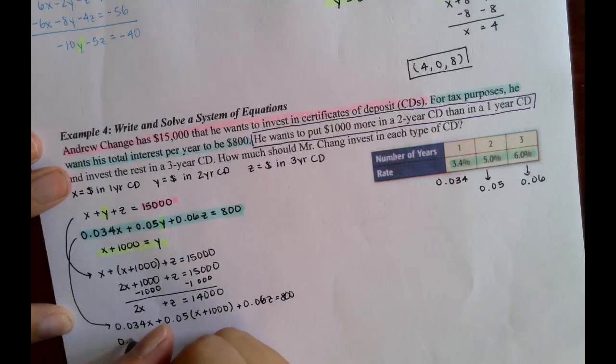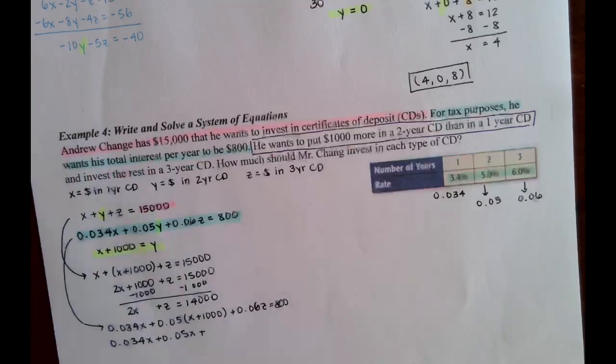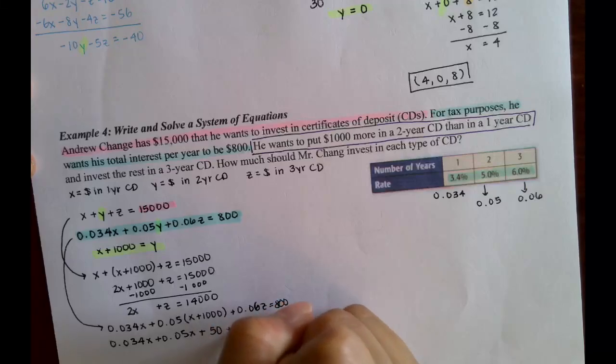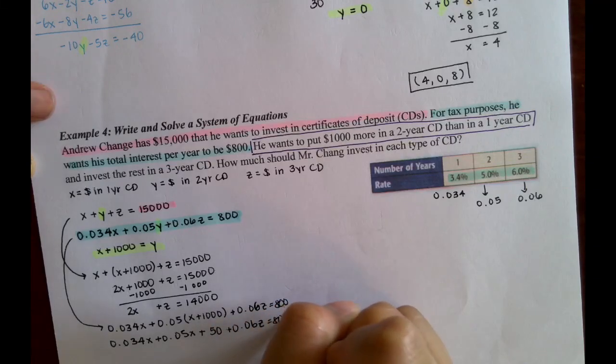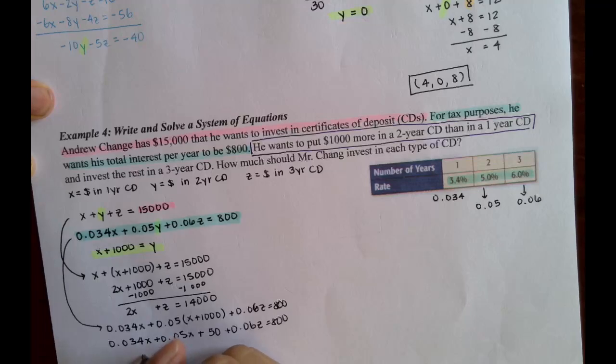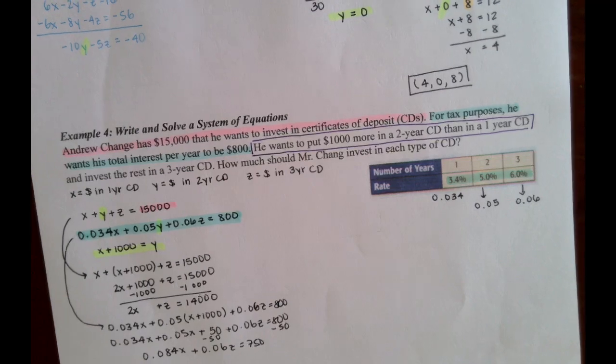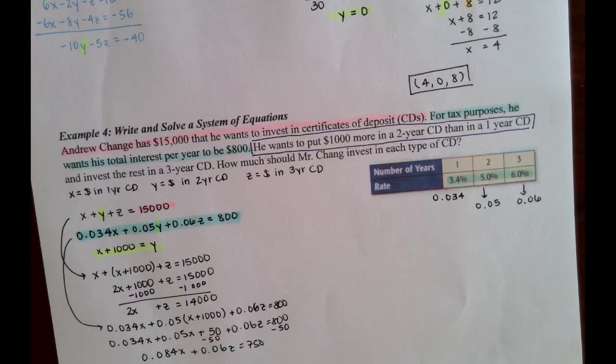So here this becomes 0.034x plus 0.05x plus 50 plus 0.06z equals 800. So this becomes 0.084x plus 0.06z, and I'm going to subtract the 50 over, equals 750. So now I have the x's and z part.